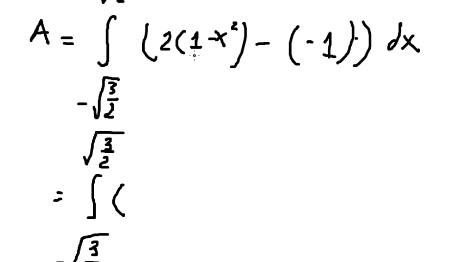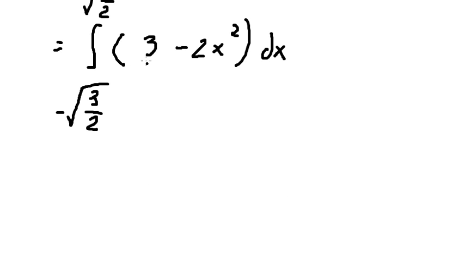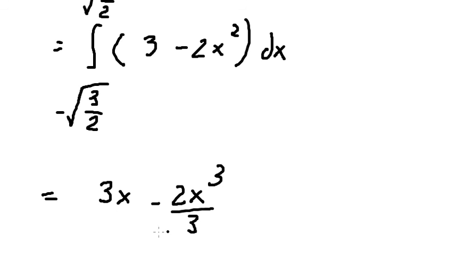So we have 2 multiplied by 1 minus negative 1. We have positive 1. So we have 3. This one we have negative 2s squared dx. And now we have the final answer. The integration of 3, we have 3s. This one we have s to the power of 3 over 3.